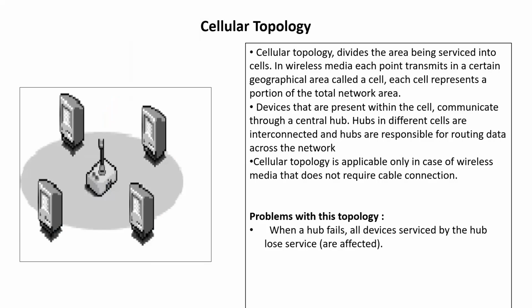You can see in the diagram, we are using this cellular topology in day to day life. That is, in wireless media or in mobile computing, we are using this cellular topology. What is that? The cellular topology divides the area being serviced into cells.